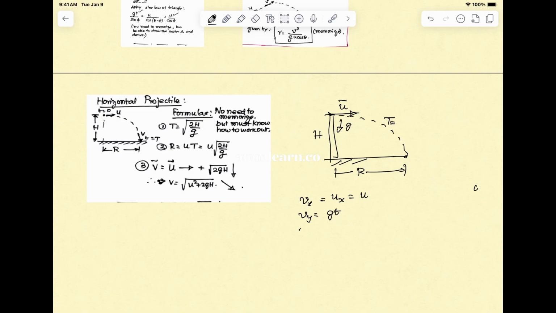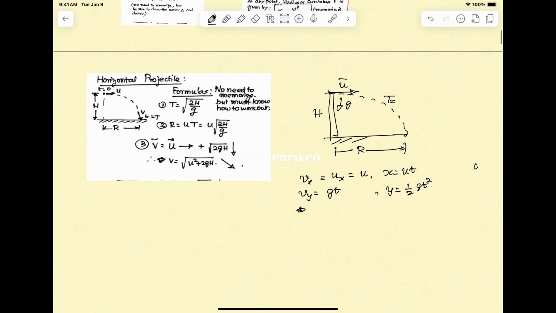Then what is the displacement equation? In this case, x is given by u into t, whereas y, because the initial vertical velocity is 0, is given by half g t squared.